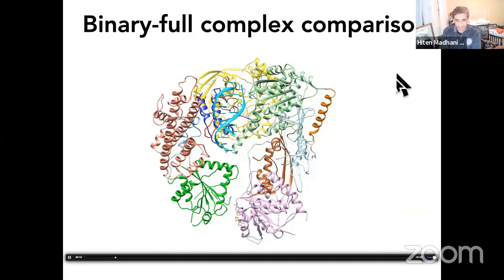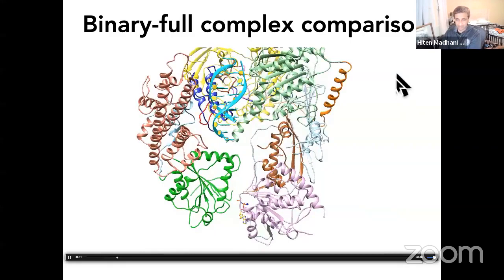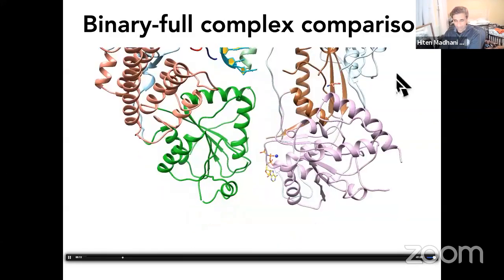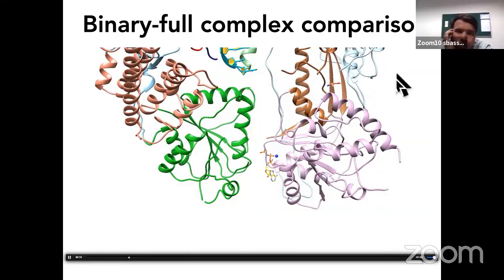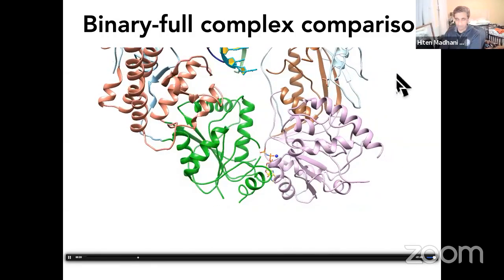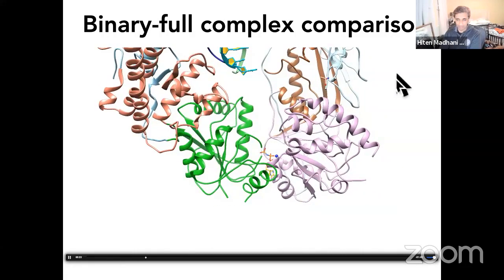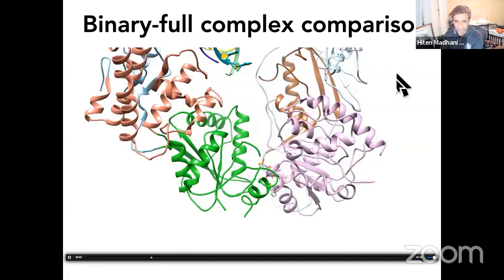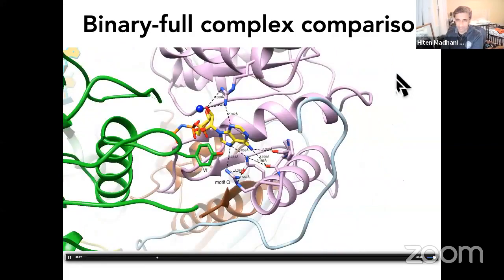Yeah, so there's nucleotide analog binding, and you'll see that the two RecA domains close when nucleotide binds. This is a very standard ATP binding site with your standard Walker A and Walker B motifs, and you'll see that all of those motifs are present, and all the hydrogen bonds you would expect from side chains in those motifs are there.